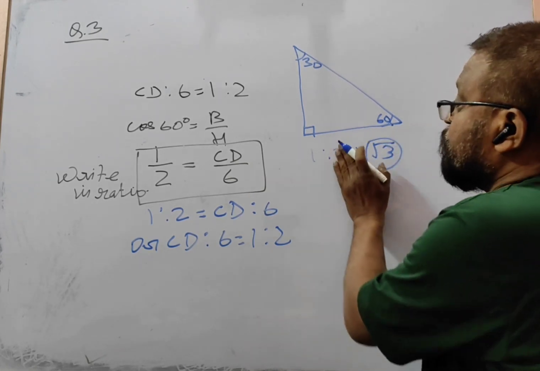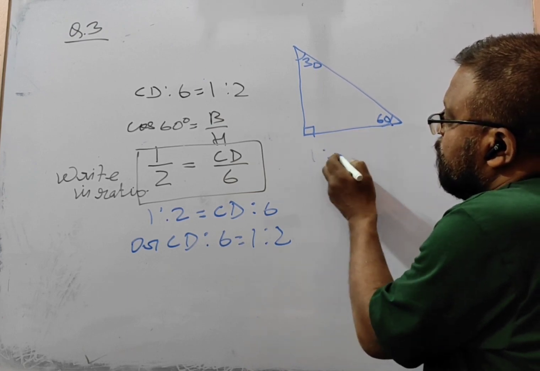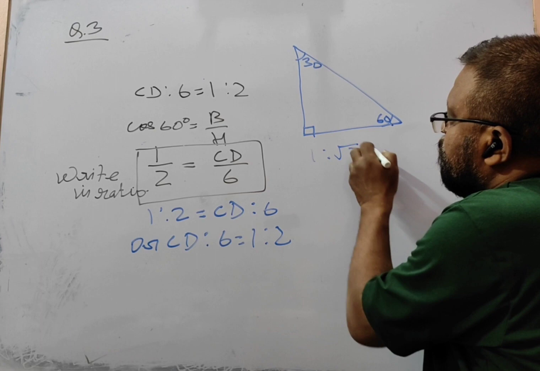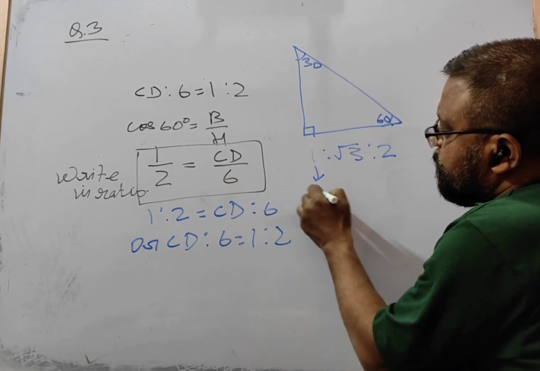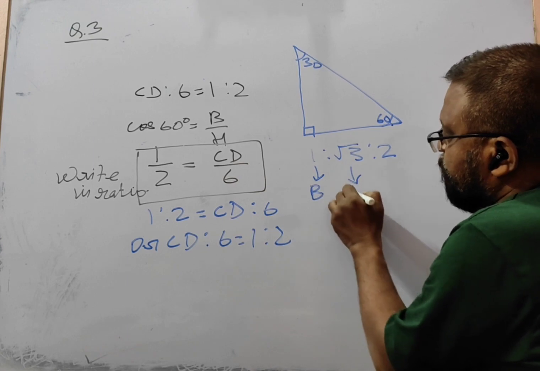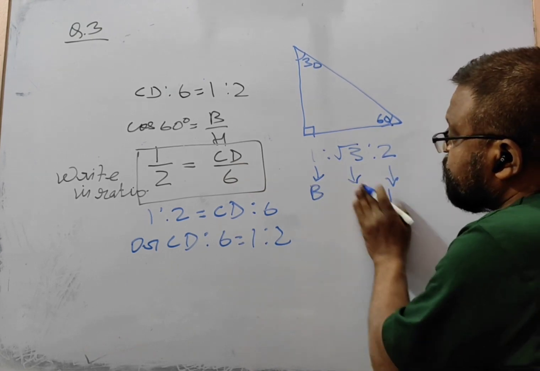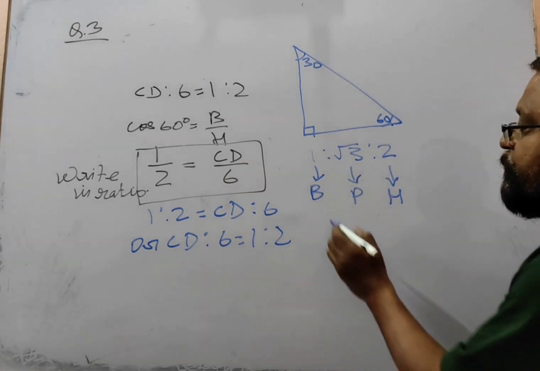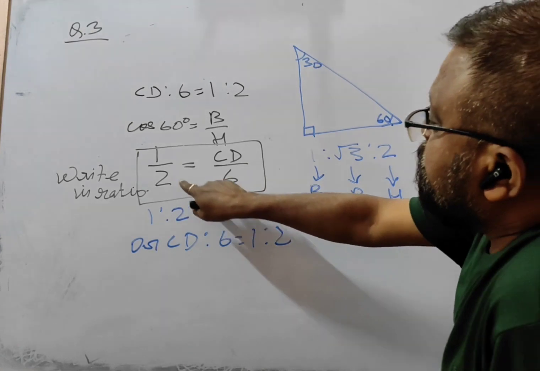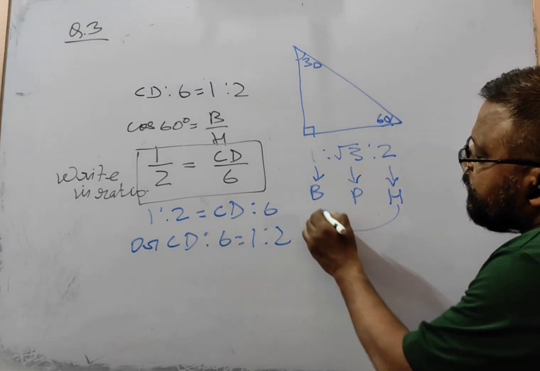Root 3 is not the longest side. So this belongs to base, this belongs to perpendicular, and this belongs to hypotenuse. Since we have to find CD, we can take these two into consideration.